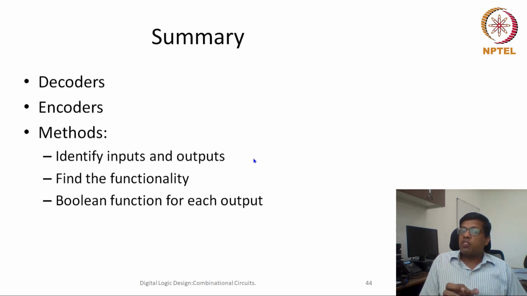If there are several outputs, then for each output I will look at the inputs in my truth table, and for each 1 I can write a sum of products expression, or for each 0 I can write a product of sums expression. If we want to optimize it further, we can use K-maps or the Quine-McCluskey method, which will give us an efficient result.